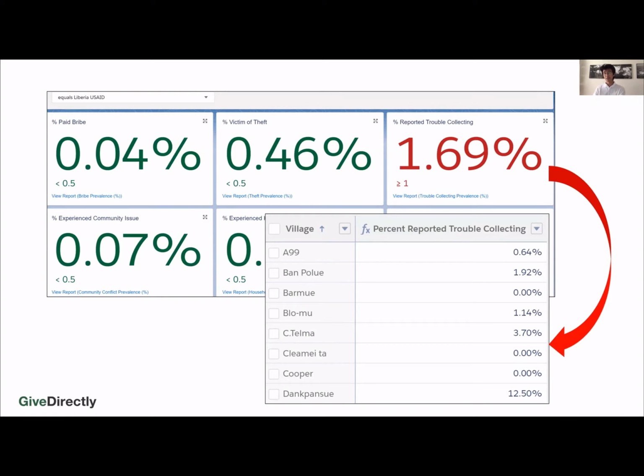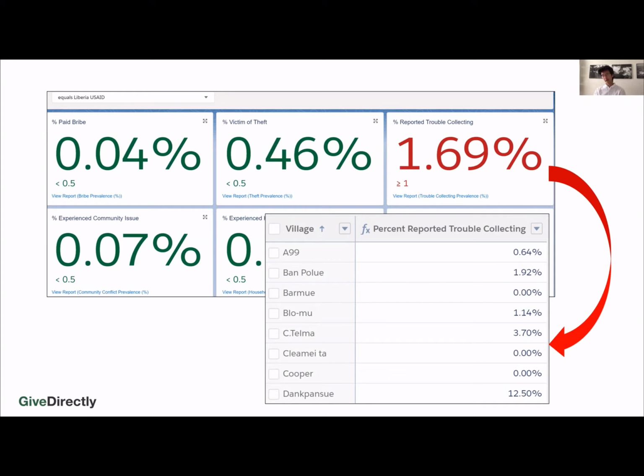The way we send transfers is we use mobile money, which is basically a text message lands in your phone, and you can show that text message to an agent, and the agent can release physical hard cash to you. And there are agents all around the country, even in very poor remote villages.